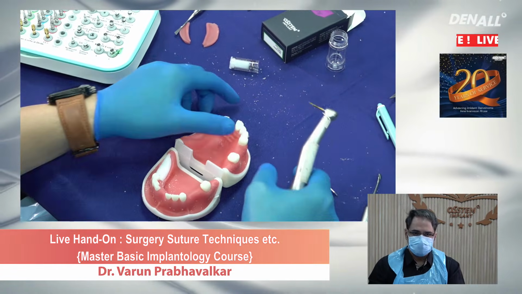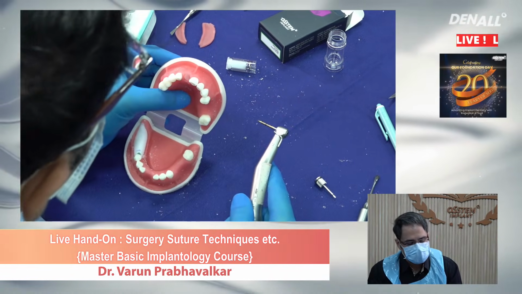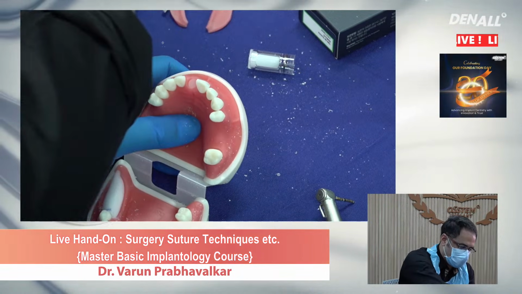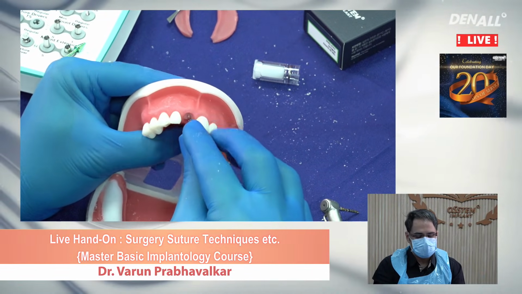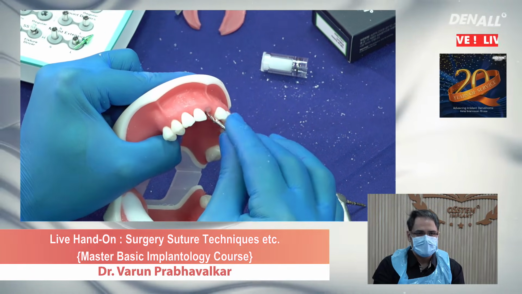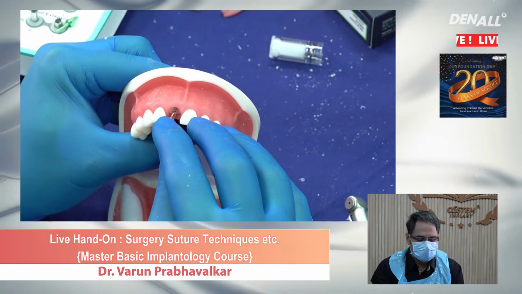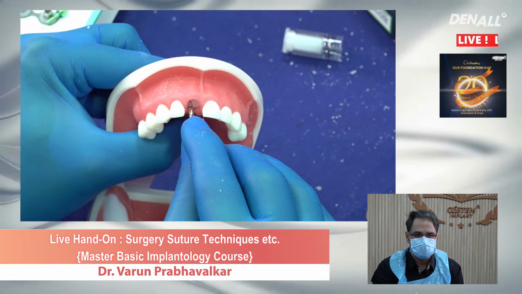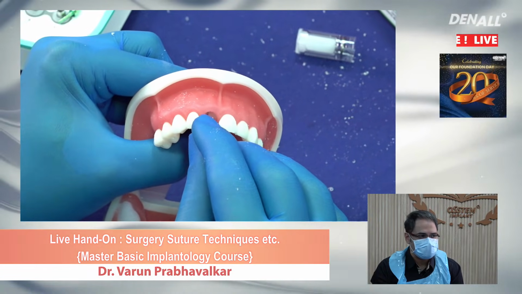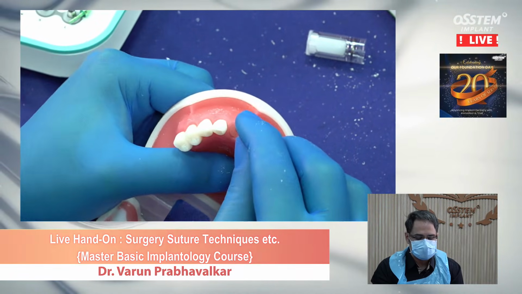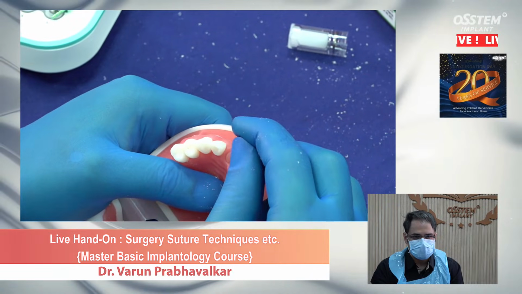Since we do not have a scan for this one, we are going to do an arbitrary treatment. Okay, what we have usually is a socket which shows a particular angle. Most of the time the socket angulation and the crown angulation do not coincide, while for the placement of the implant we always follow the crown angulation, that is the prosthetically driven approach.